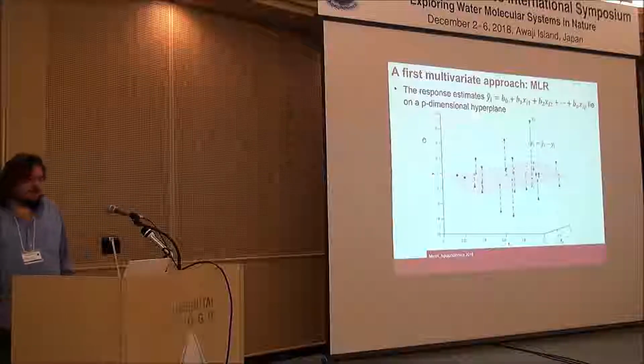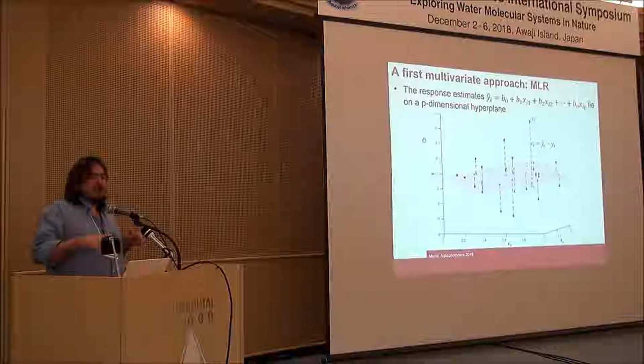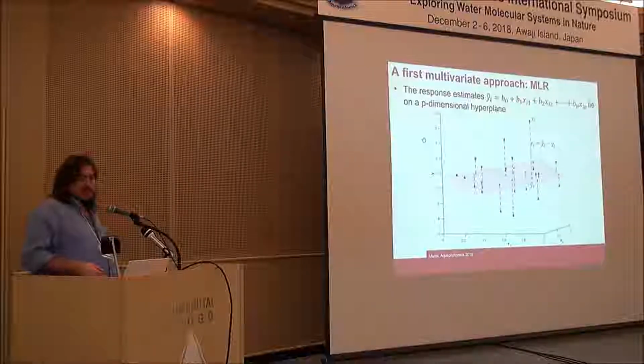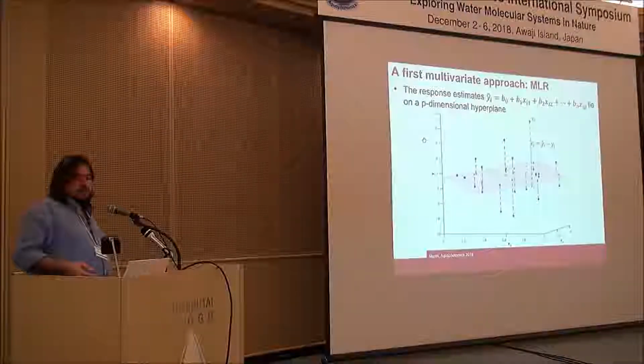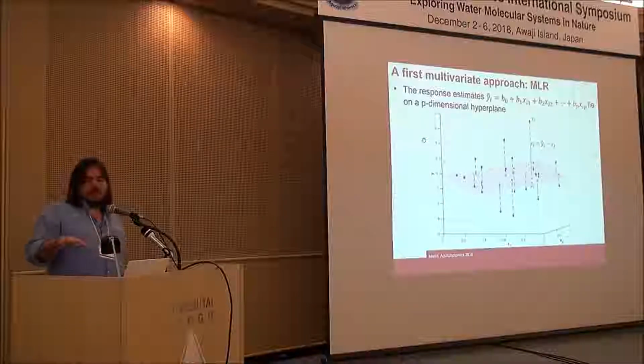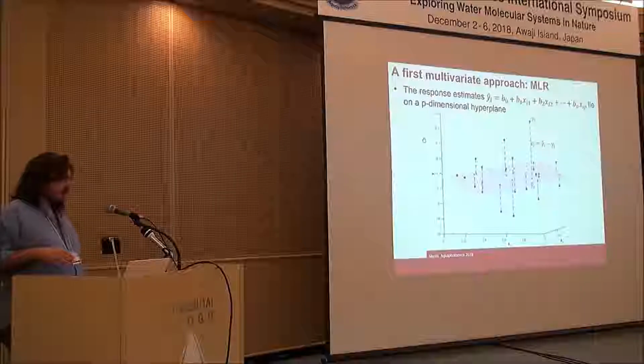And the idea, just to show it in a graphical way, is that I may approximate my y by the values corresponding to its projection on the plane spanned by the different coordinates that I am considering.